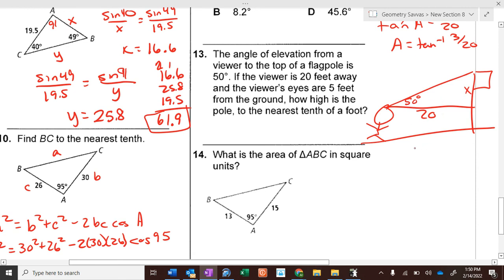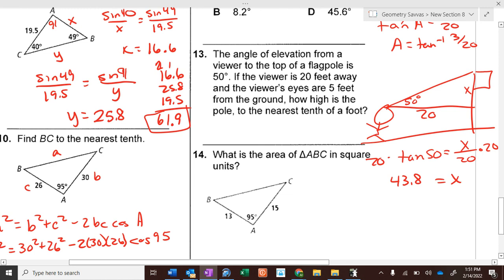Again, opposite and adjacent is tangent, right? So the tangent of 50 degrees is the opposite side x over the adjacent side of 20. How do we get x alone? Multiply by 20. 20 times tangent of 50. What's 20 times tangent of 50? 43.8?